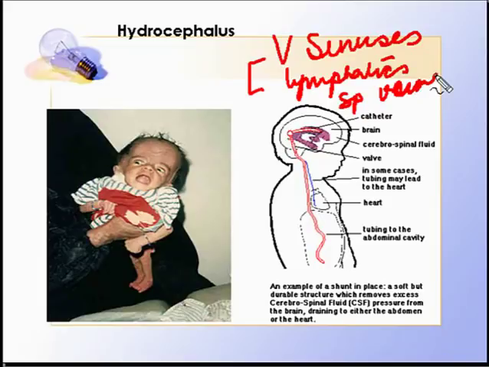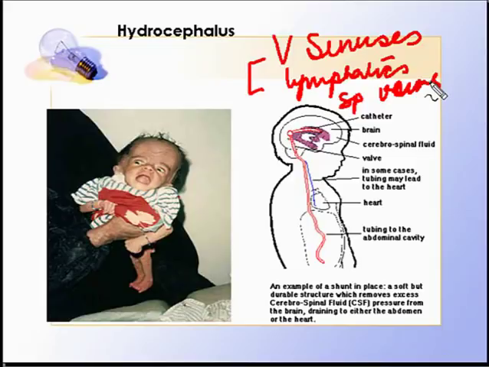Since some of the CSF drains into the lymphatics at the base of the brain, these lymphatics in turn drain into the cervical lymph nodes. So we use this knowledge: bimanual downward massage of the sides of the neck is sometimes used to enhance this drainage in patients who are suffering from cerebral edema. So that helps sometimes in cerebral edema.